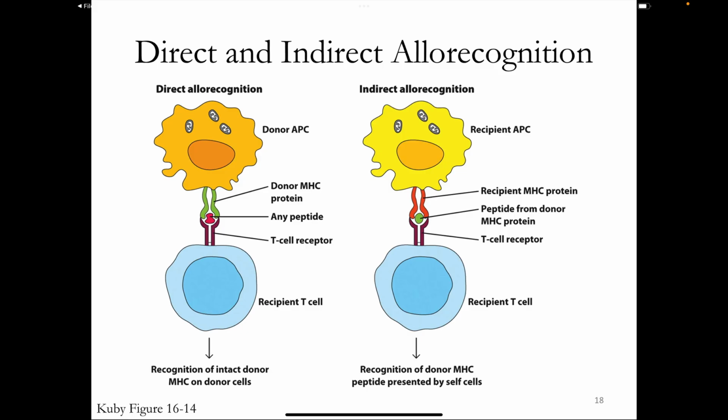They might make their way into a lymph node and interact with some T cell in the lymph node that unfortunately happens to be able to react with that MHC and think it looks like self-MHC plus a foreign peptide. And so that's direct allorecognition.